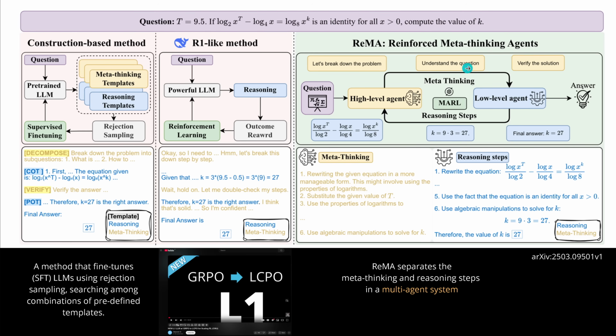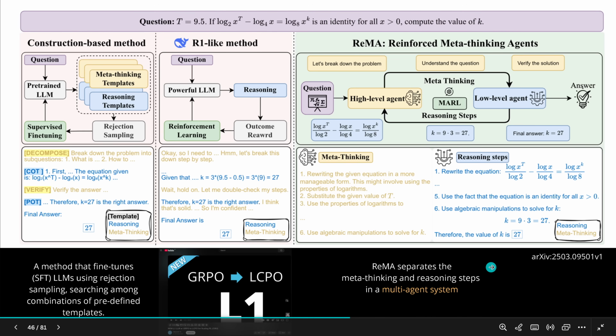Break down the problem, understand the question, verify the solution, the meta-thinking, the reasoning steps with the meta-thinking instructions. And you have the steps and the thinking process from our two agents. So this, let's call it REMA, separates the meta-thinking and the operational reasoning steps in a multi-agent system.